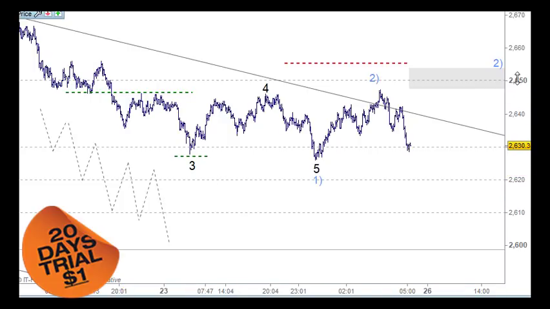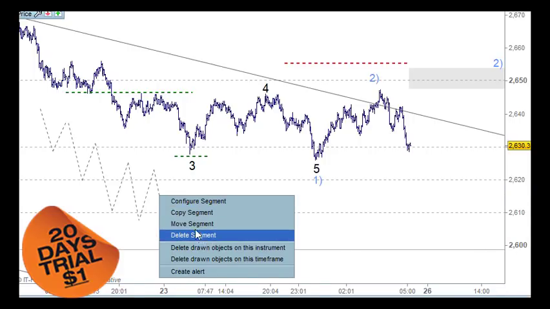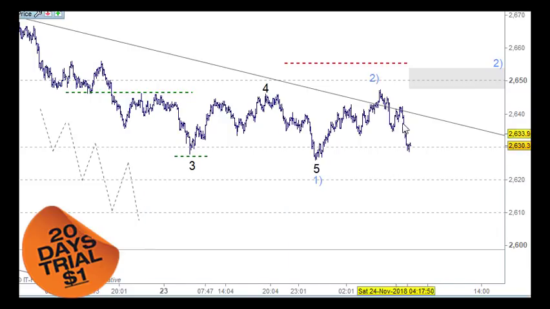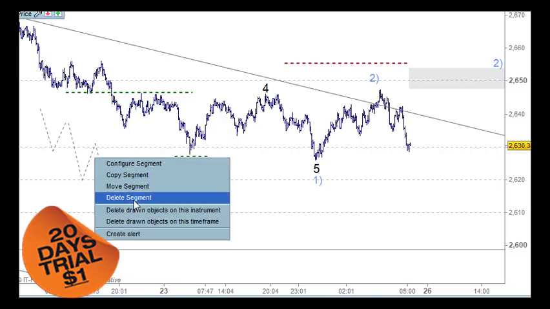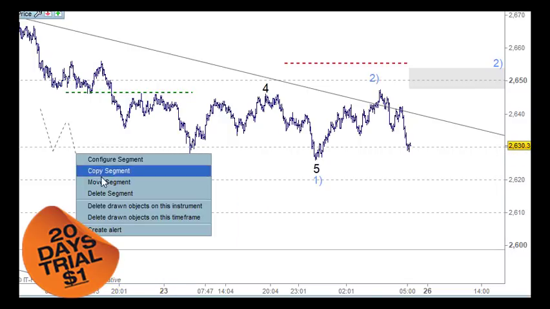I consider this number here, 2,650, a stronger number than the 2,600 area here, so we'll just see how we go with that. But if the market does move further down here as we've got it, then we'll be looking at that stronger wave count coming down here.